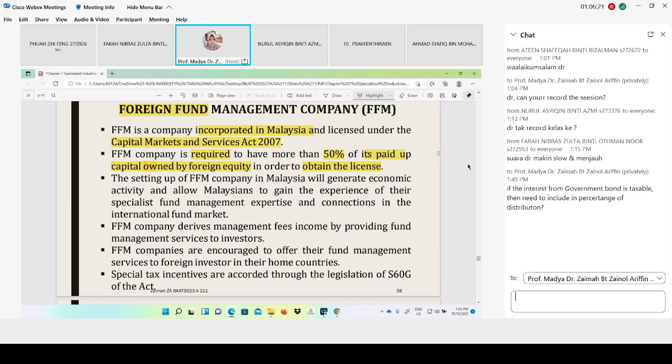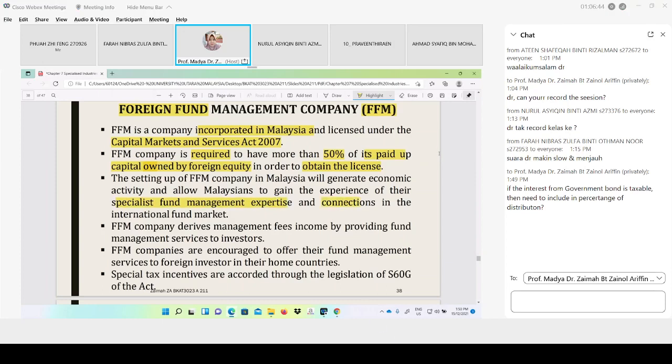So if they manage to do this, then they are called FFM. So the setting up of FFM company in Malaysia will generate economic activities and allow Malaysians to gain the experience of their specialist fund management expertise and connection in the international fund market.